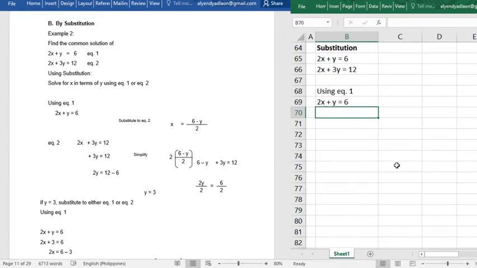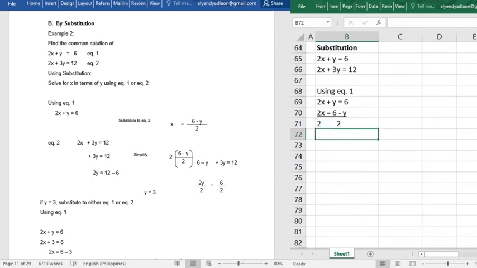Now, how are we going to transfer? If you remember, class, if you transfer y to the other side, it will become negative, from positive to negative. Now, how are we going to transfer 2? To transfer 2 to the other side, we divide both sides by 2.